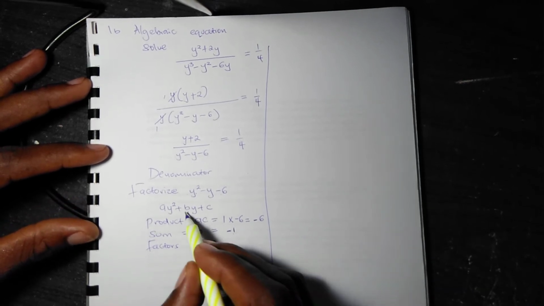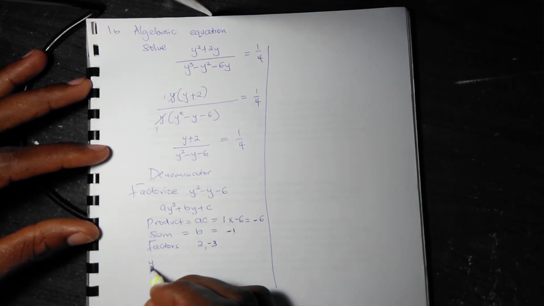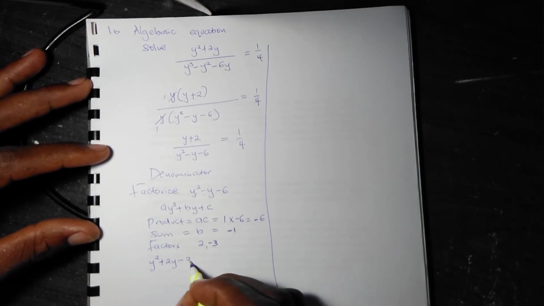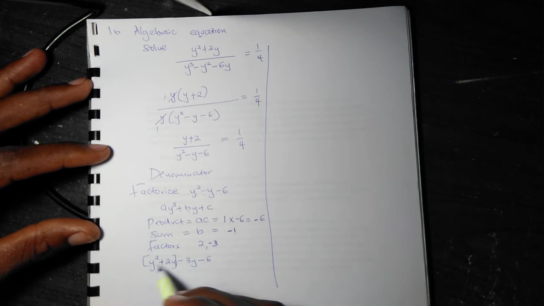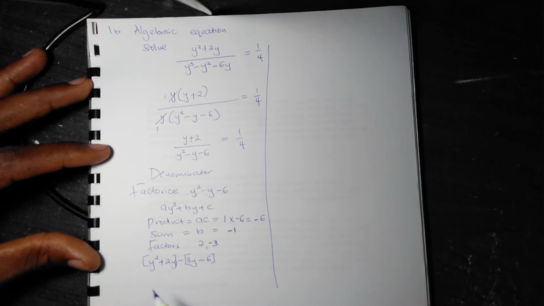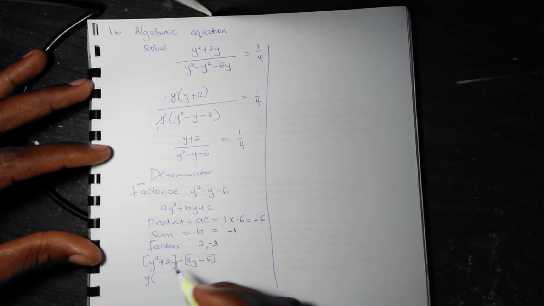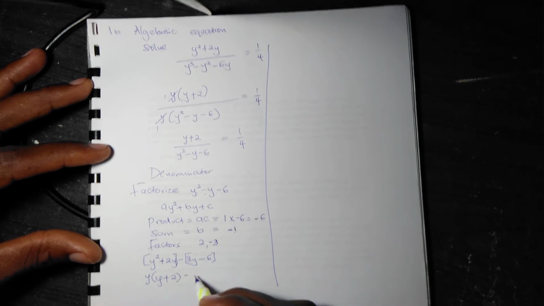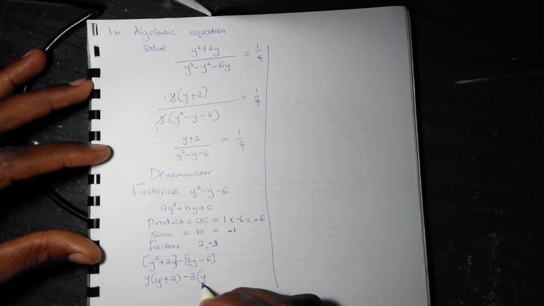We can now expand our negative y into 2y and negative 3y, so y squared plus 2y minus 3y minus 6. Isolating the terms which are common in nature or close to each other, we factorize y on the outside, so y times (y plus 2), and then put a minus, remaining with 3 on the outside and y inside.